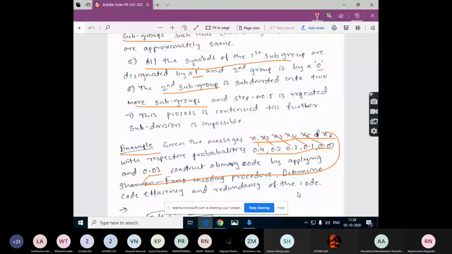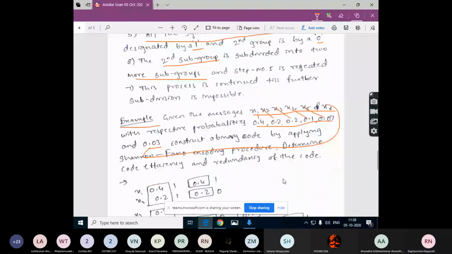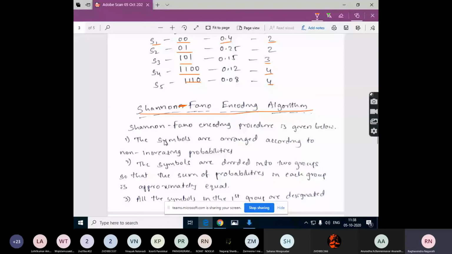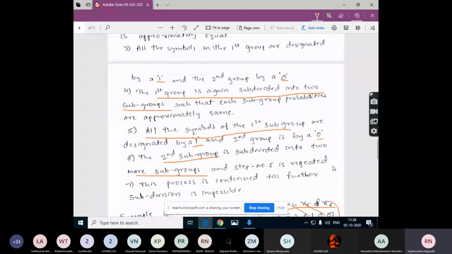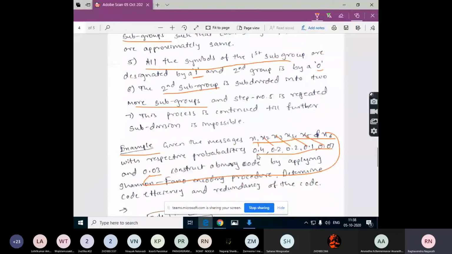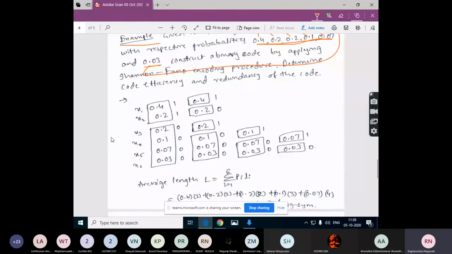First step is to make a list of the symbols with their decreasing probabilities. All the symbols are already given in decreasing probability, so we will maintain the same order: x1, x2, x3, x4, x5 and x6, with 0.4, 0.2, 0.2, 0.1, 0.07, 0.03.